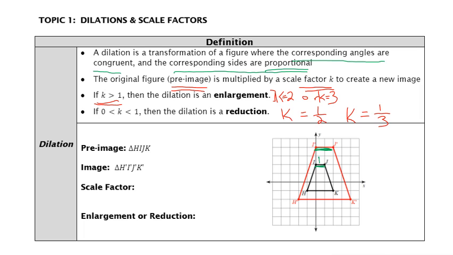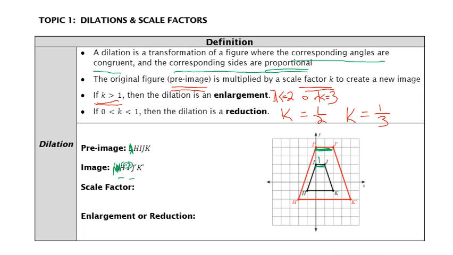So when I do a transformation, I don't want to put a whole new set of letters, but I can't just call this HIJK. So we use a little apostrophe, and that's basically saying H prime, I prime, J prime, K prime. So our new figure, it's actually not a triangle, sorry about that, it's actually a trapezoid, we call it HIJK prime.